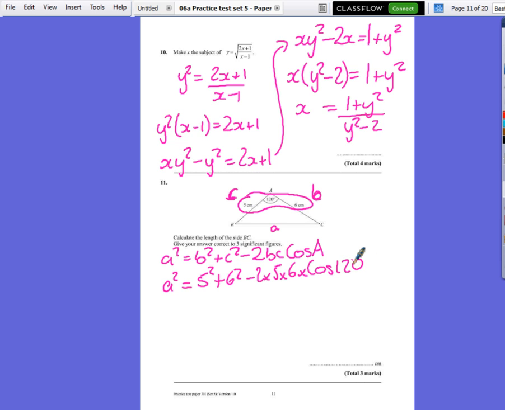Now you can just put all of that into your calculator, but don't forget that gives you a squared. So we want to do the square root of all of that. If your calculator has a square root button that takes the square root over all of it, then we're okay, but otherwise you need to put all of that in brackets. And that will give you 9.539, so three significant figures will be 9.54.